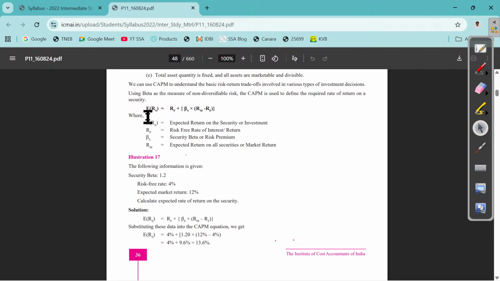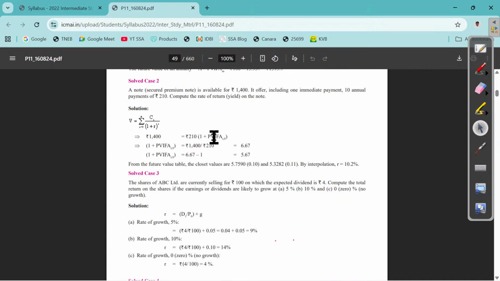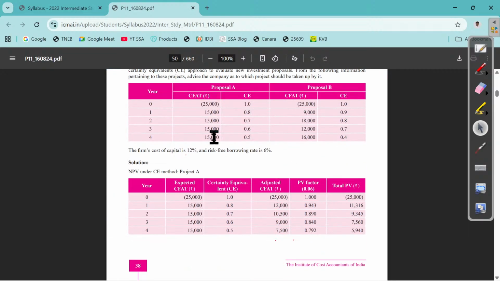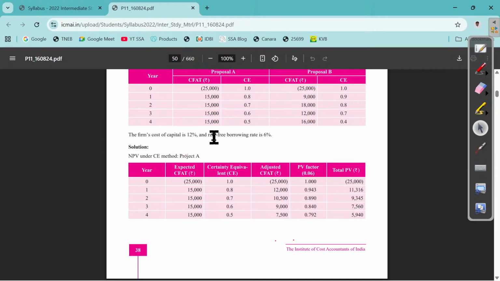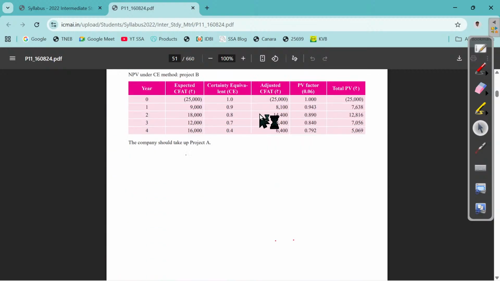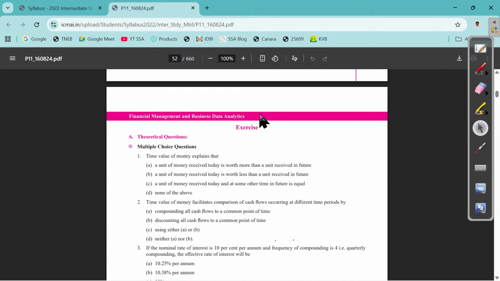Return of equity is equal to risk-free return plus beta into Rm minus Rf. And certainty equivalent approach, solved cases. There is no coherency in this topic, it jumps here and there, that's all. But anyhow, I gave a coherency even a step ahead of this one.